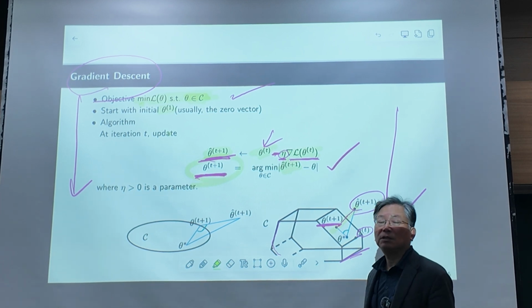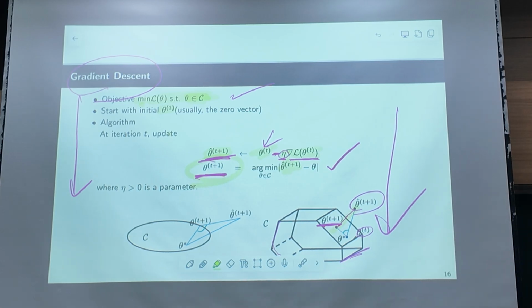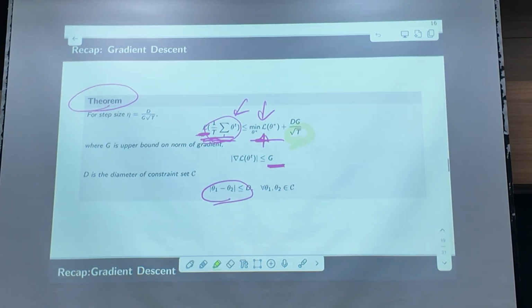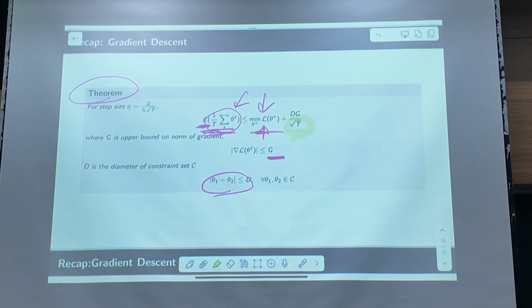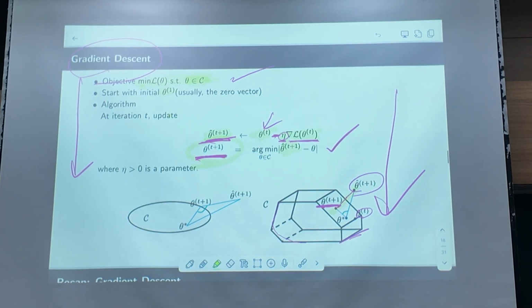And you keep on doing this. This is the gradient descent algorithm, and if you do it for each data, that's called stochastic gradient descent. SGD, stochastic gradient descent.